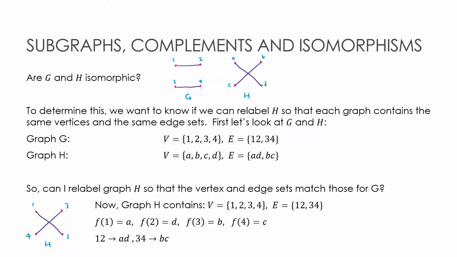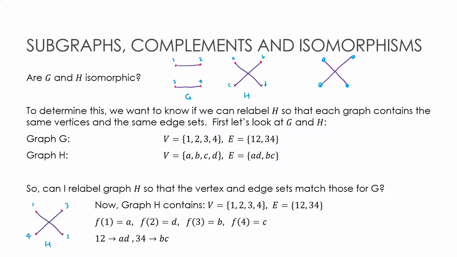So my question is, are G and H isomorphic? Notice here I've given you 2 different graphs, G with vertices 1, 2, 3, 4, and H with vertices A, B, C, D. They don't look the same, but could I take H and relabel these guys to come up with essentially the same vertex and edge sets?